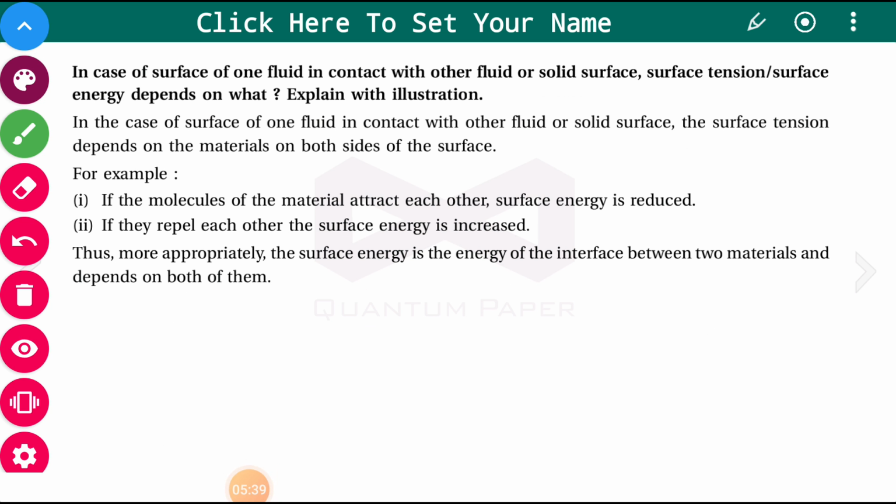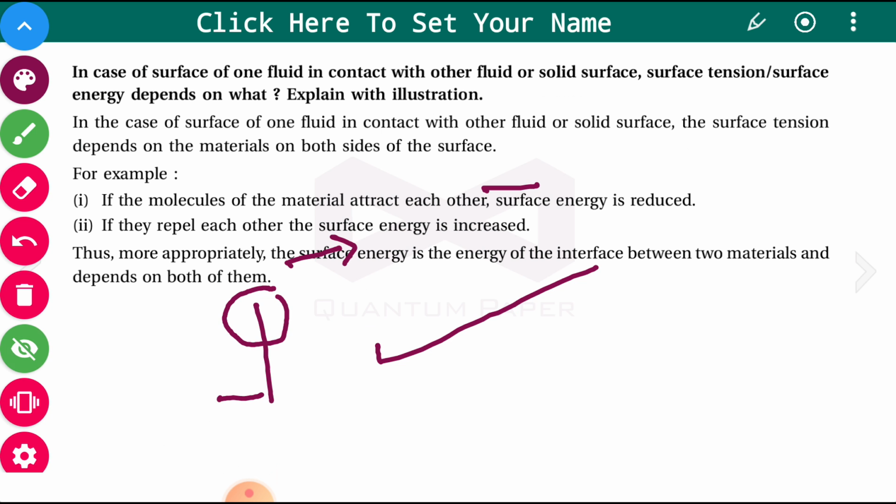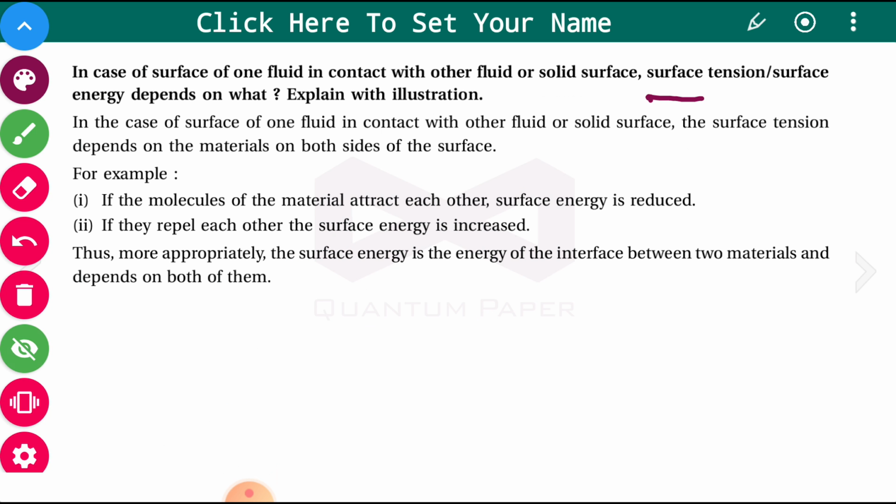Now see, when the liquid is in contact with another liquid, say for example, the surface of one fluid is in contact with another fluid, or it is in contact with a solid, then surface tension, or we can say surface energy, depends on which factors?